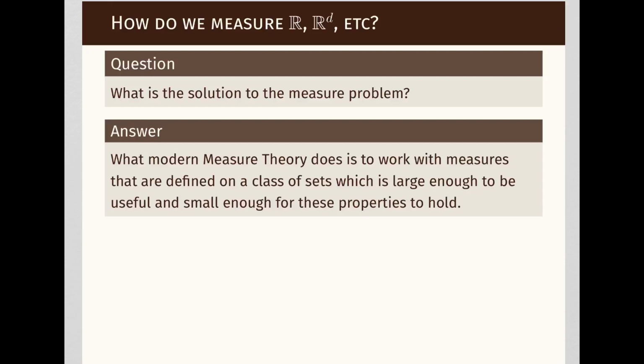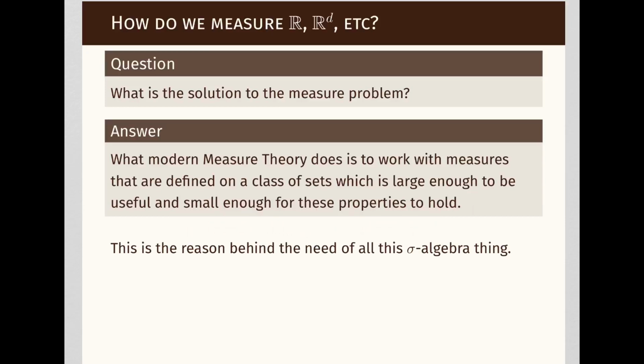And it is small enough so that those properties will hold. And finally, this is the reason why all this formalism of a sigma algebra in a probability space or a measure space is necessary, and why we have to talk about the sigma algebra instead of just working with the set of all subsets of the sample space.